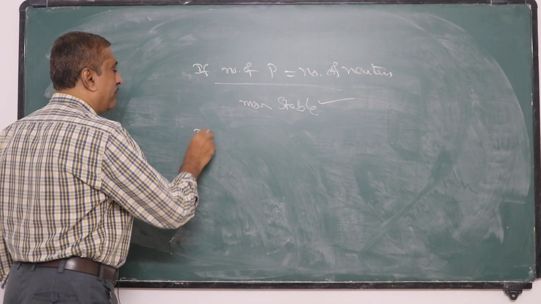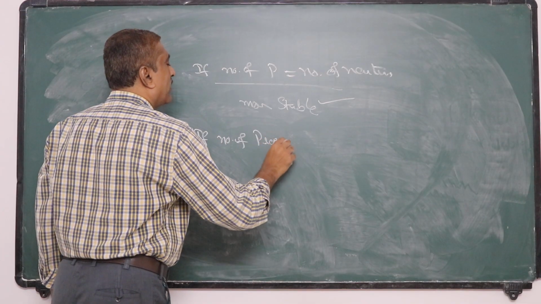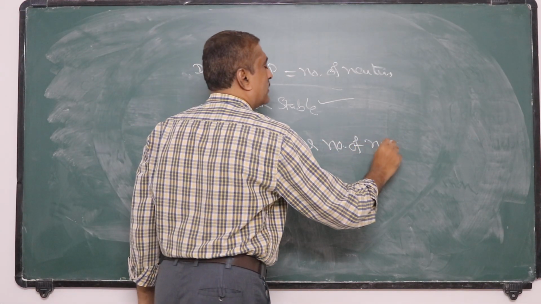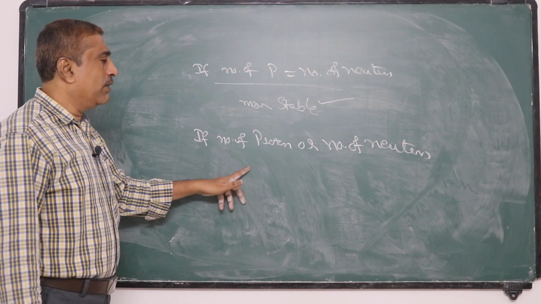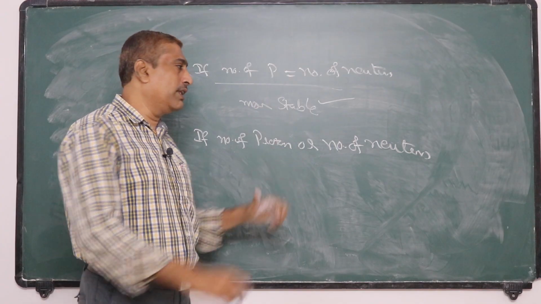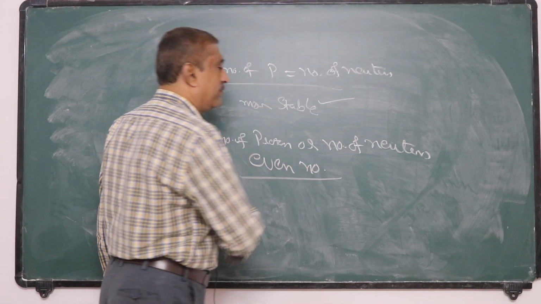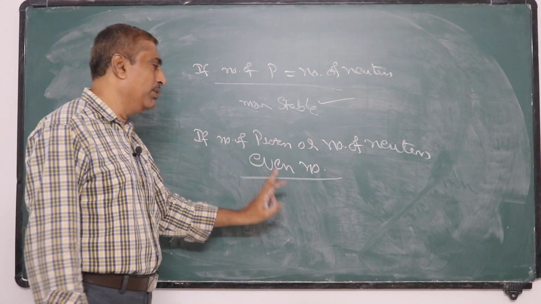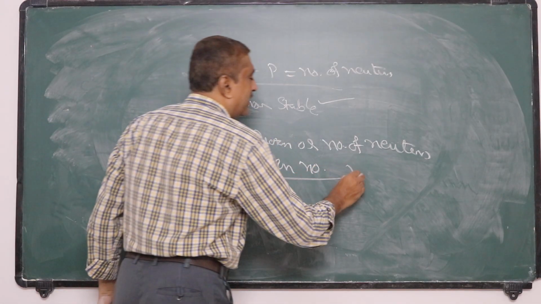And similarly, if the number of protons and the number of neutrons are both even numbers for a particular nucleus, then that nucleus is also more stable.